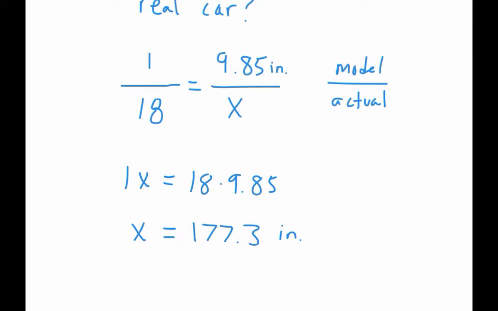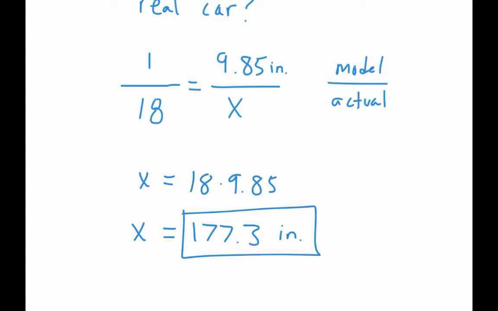If it was instead a 3 to 17 ratio, then when you cross multiply, instead of a 1 you would have ended up with a 3x, and you'd have to divide by 3. But if you have a 1 to something ratio and they give you the length of the model, it'll work. Any questions on that one? Does that make sense? Those are going to be one of the types of questions you're going to have.